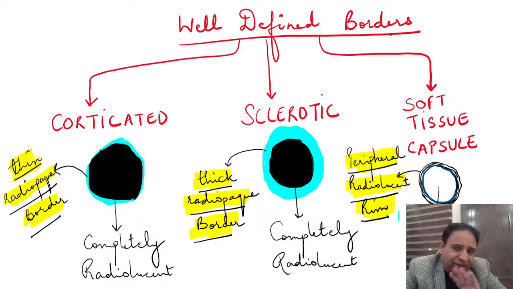You remember these shapes? We have corticated border, sclerotic border, and soft tissue capsules, right? Corticated border is seen in cysts. Sclerotic borders we usually see in tumors.